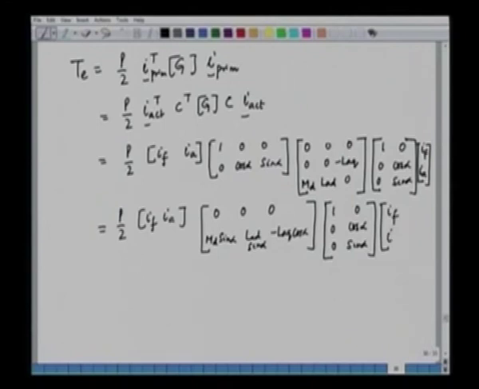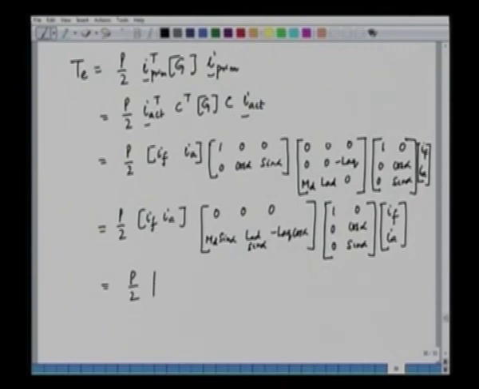that is IF IA. We can further simplify this and get the final equation. So, further simplification will give us P by 2. We can post multiply this, and then we can pre multiply with IA into IF.